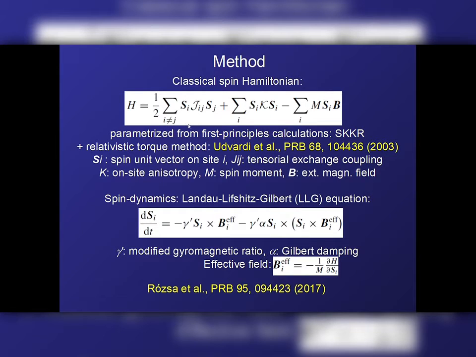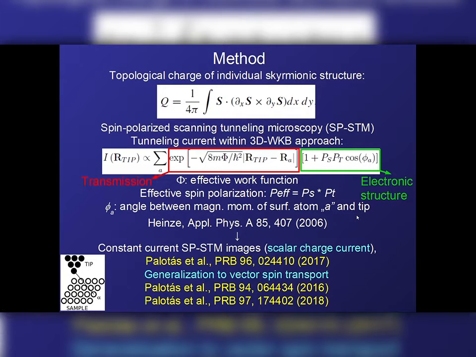This Hamiltonian is parameterized from first principles calculations using the relativistic torque method, and once we have these parameters from DFT, we apply spin dynamics at zero temperature, the usual Landau-Lifshitz-Gilbert equation, and we can find the ground states of the system. So we arrive at some skyrmionic states, which can be characterized by the topological charge.